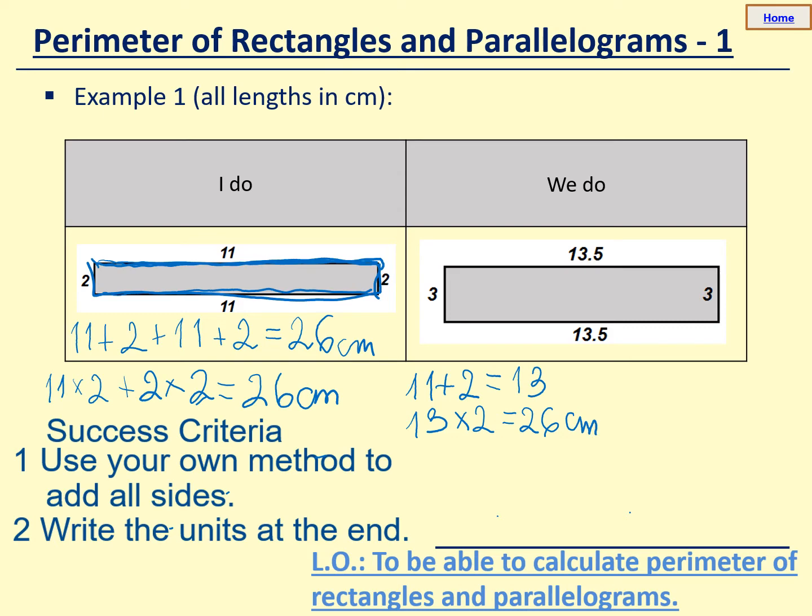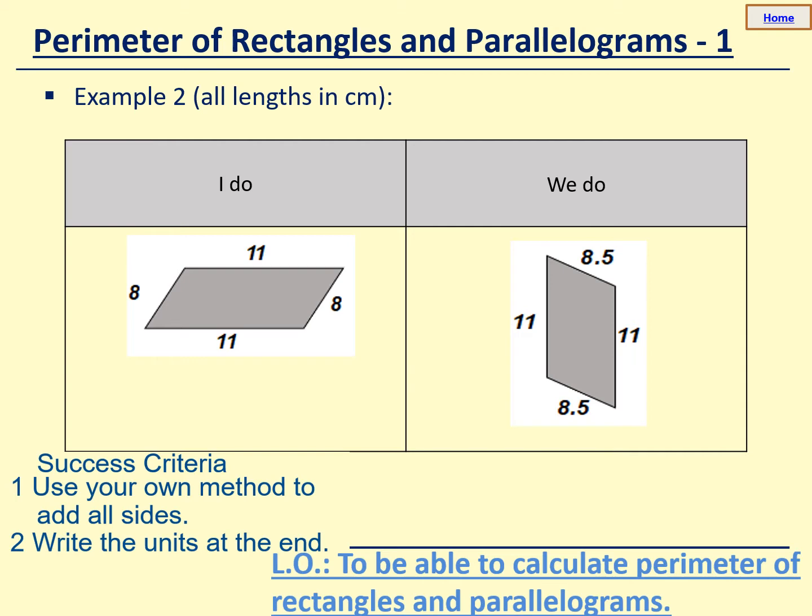As you can see, 3 ways of doing it and the same answer. Now pause the video and have a go at the next question yourself. Okay, if you have 33 centimeters, well done.